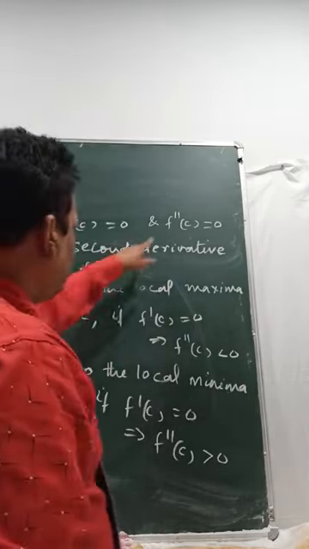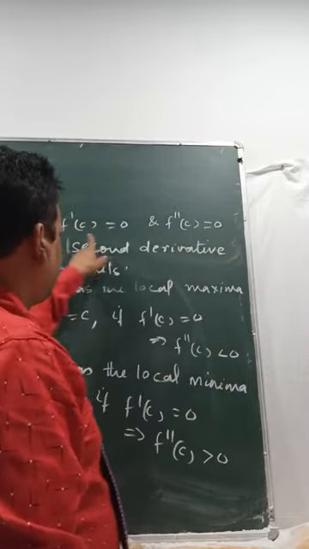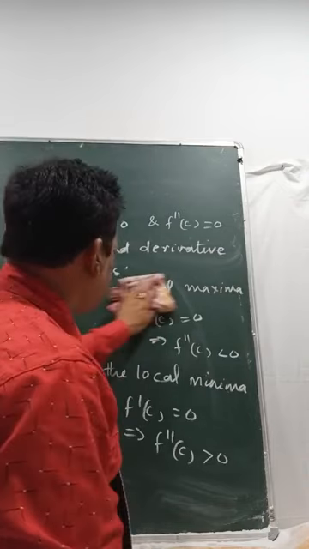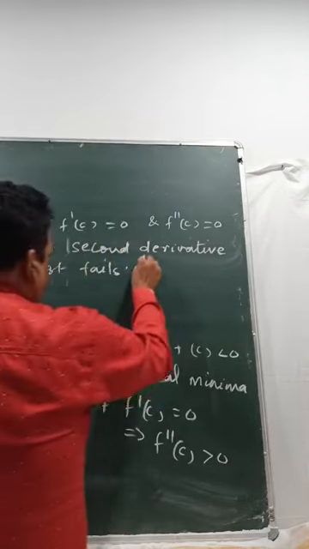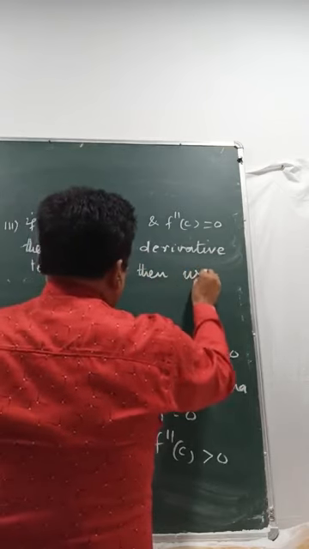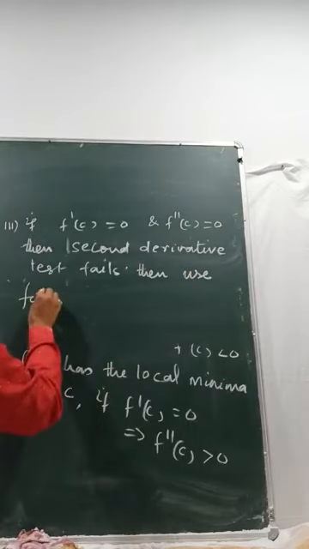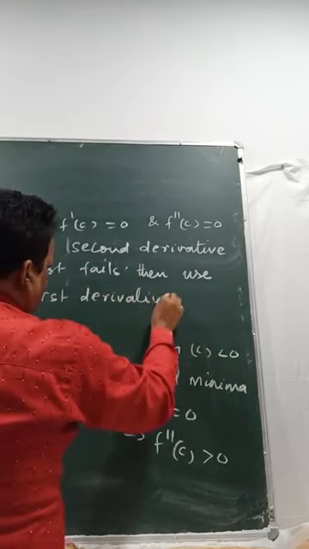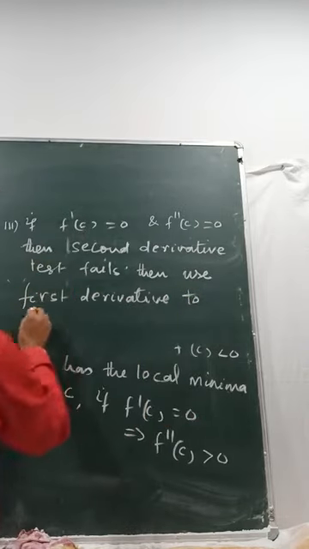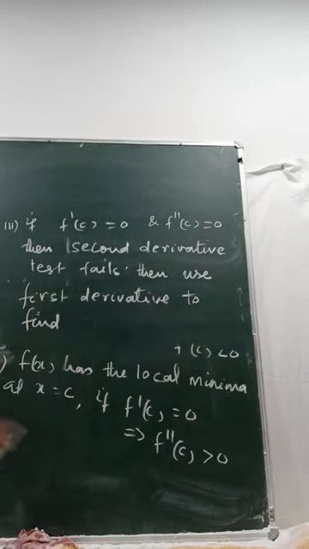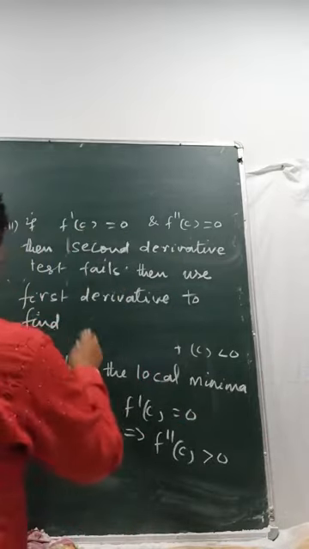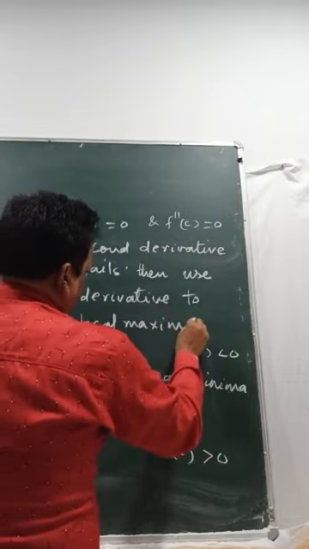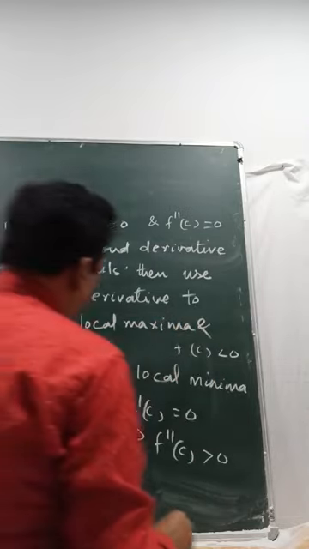That means if this becomes 0, we cannot use the method of second derivative. Then use the first derivative to find local maxima and local minimum.